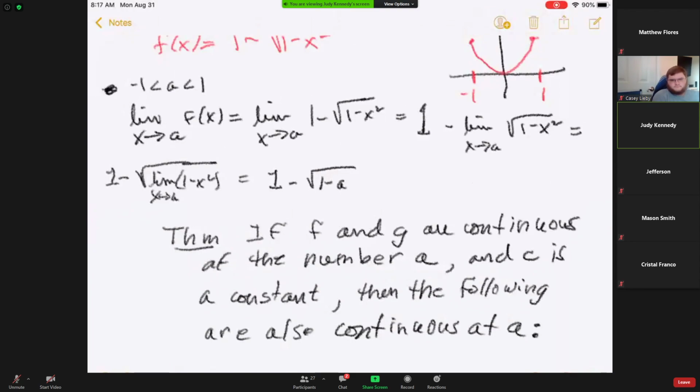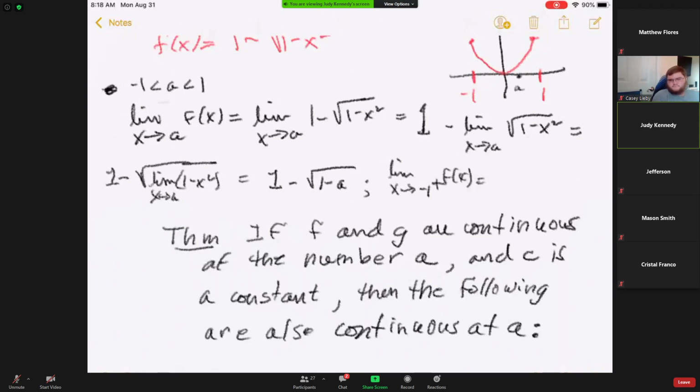Okay, so that takes care of everything between -1 and +1, so something like there. And well, for the -1 and the +1, the limit as x approaches -1, we can only come in from the right to -1 of f of x. But basically, it's the same reasoning.